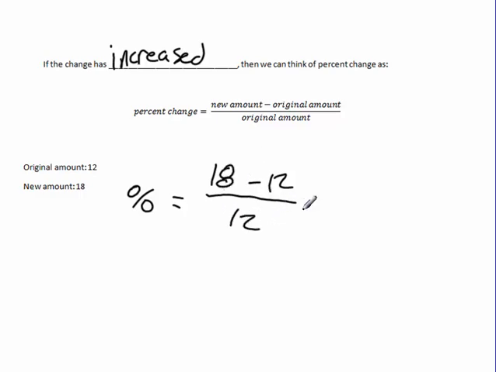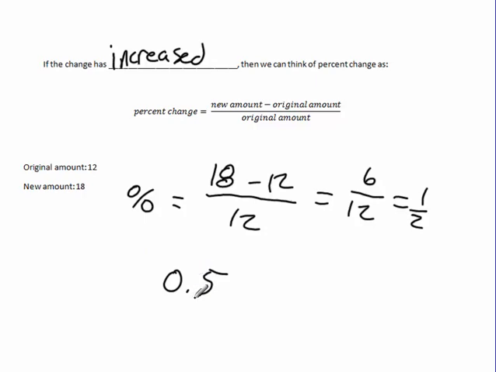And we can simplify this. 18 minus 12 is 6 over 12, and that gives us 1/2, and really 1/2 is 0.5, right? 0.5 expressed as a percentage.